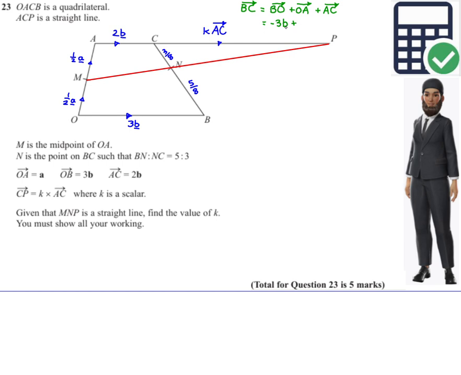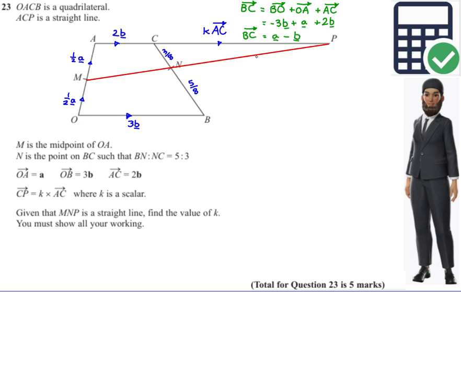OA is plus A. And then A to C is going to be plus 2B. And what we could do, we could simplify this. So therefore BC works out to be A minus B. A minus B, right.